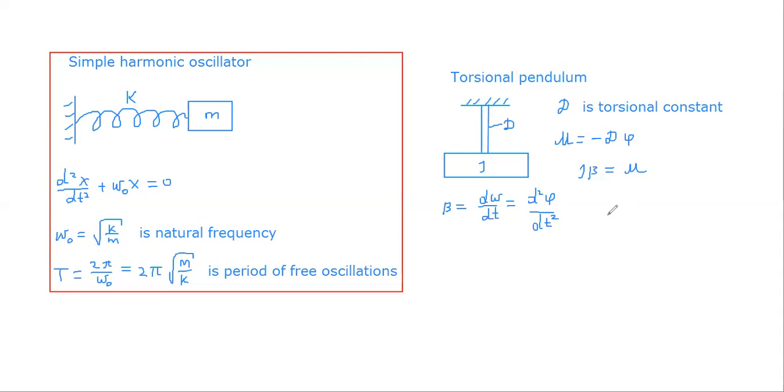So let's substitute this here. So we have that moment of inertia multiplied by the second derivative of the angle of rotation is equal to minus torsional constant multiplied by the angle of rotation.